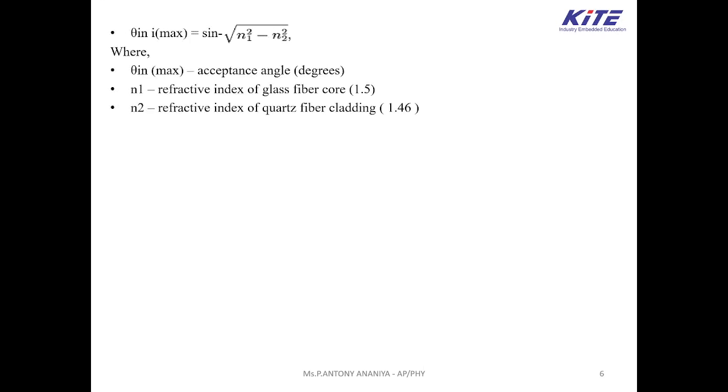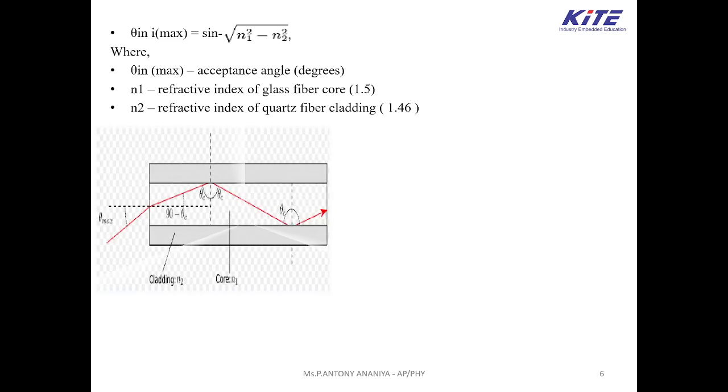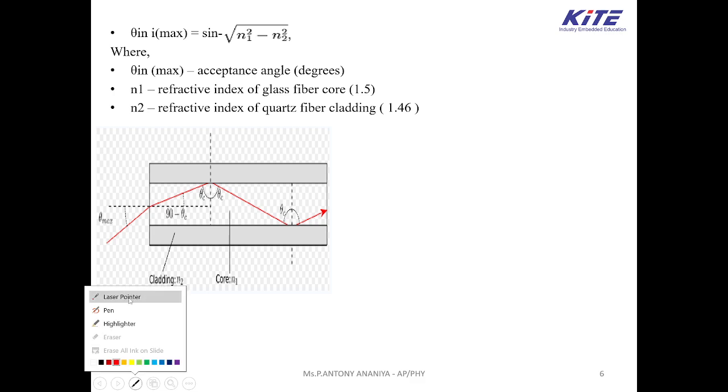Next, the acceptance angle: for total internal reflection, sine theta is equal to the square root of n1 squared minus n2 squared. n1 is the refractive index of the core, the glass fiber, and n2 is the refractive index of the cladding, right? This one is the core and this layer is the cladding.